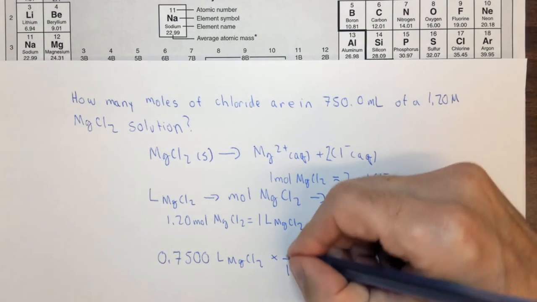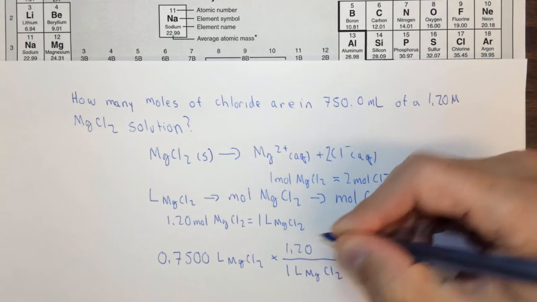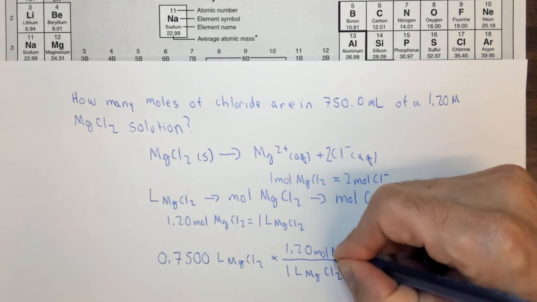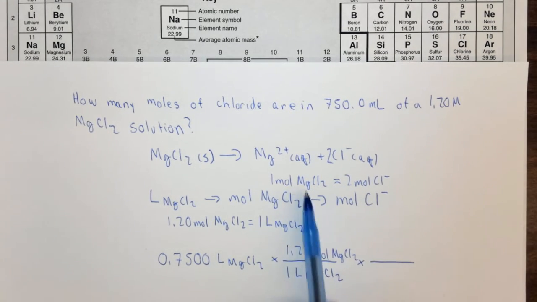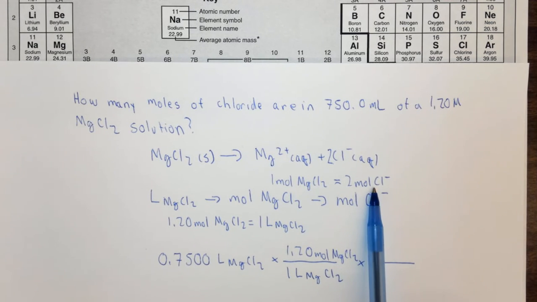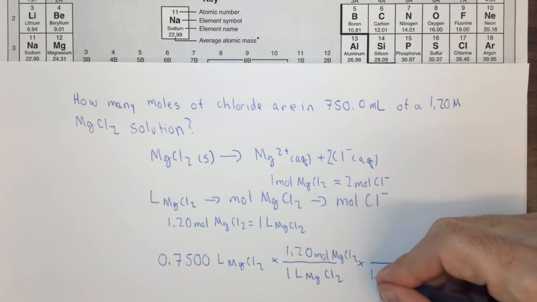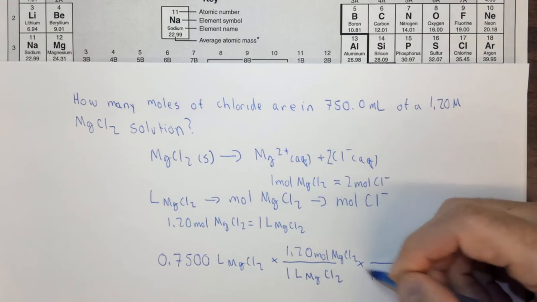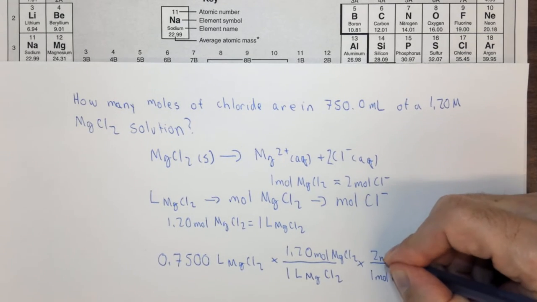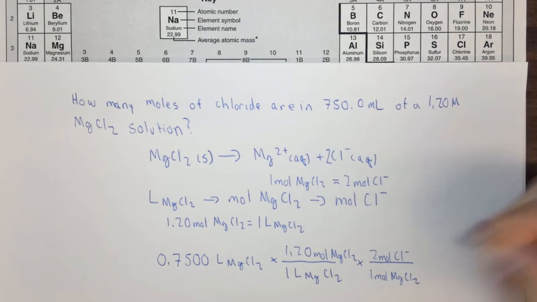On top, we put 1.20 moles of MgCl2 times. Now the relationship is 1 MgCl2 gives us 2 Cl minus. So we put 1 mole of MgCl2 on the bottom, because we want MgCl2 to cancel out, and 2 moles of Cl minus on the top.